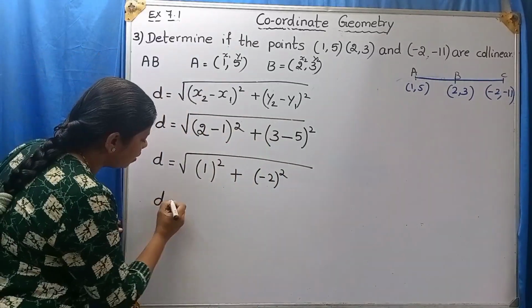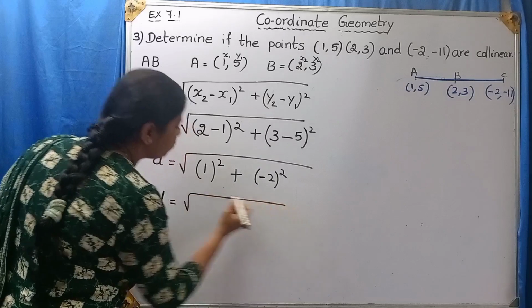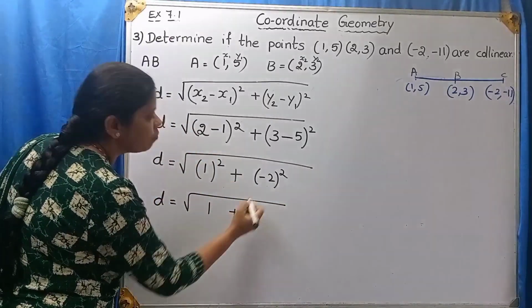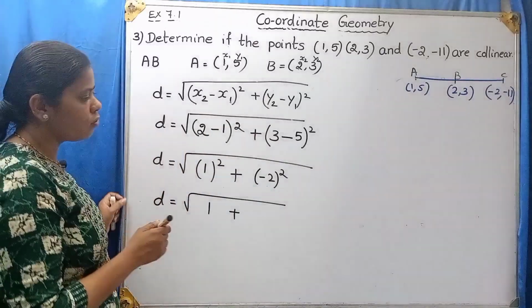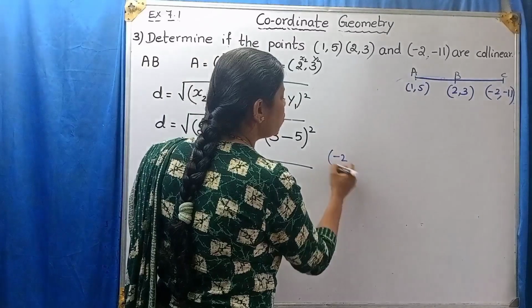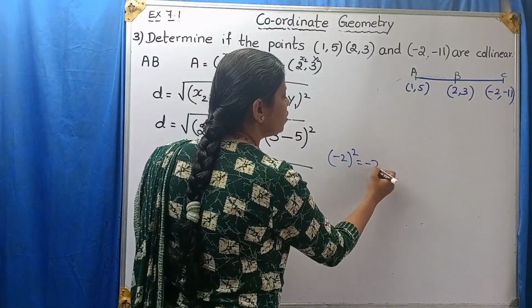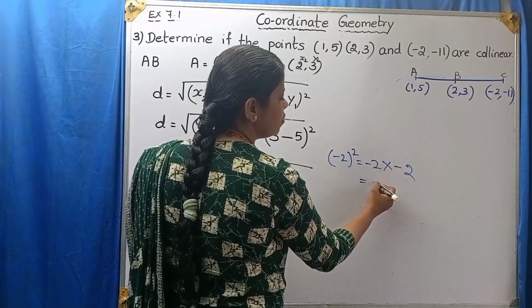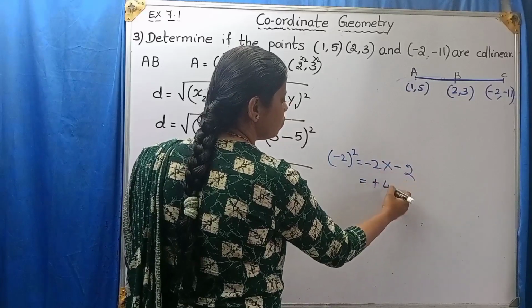D is equal to square root of 1 square, which is 1, plus (minus 2) square. Minus 2 the whole square means minus 2 is present 2 times. Minus into minus is plus, 2 into 2 is 4.